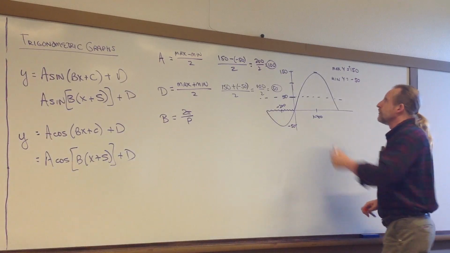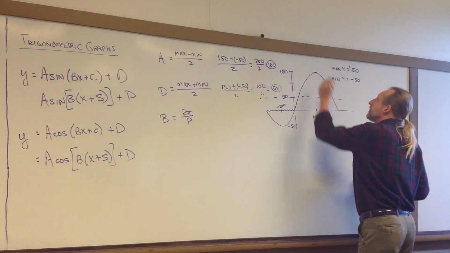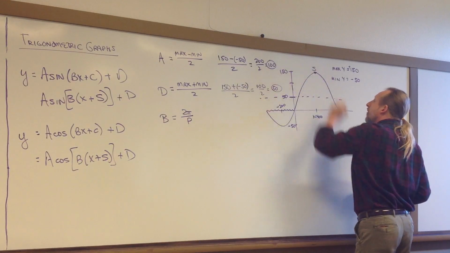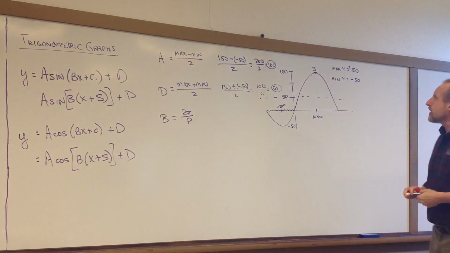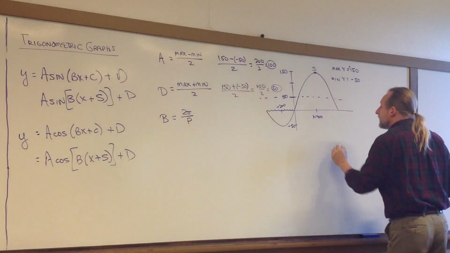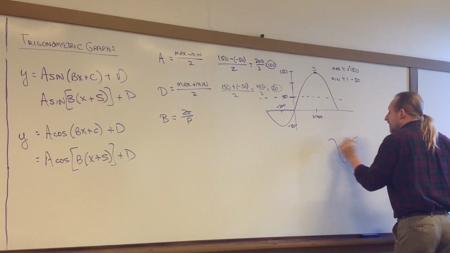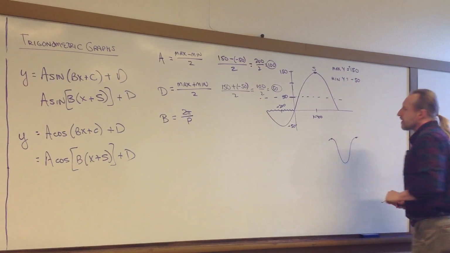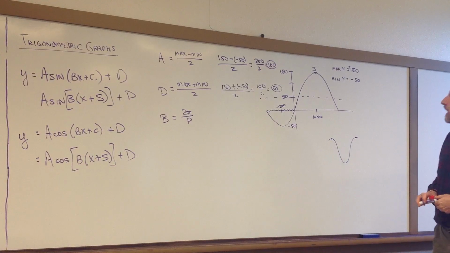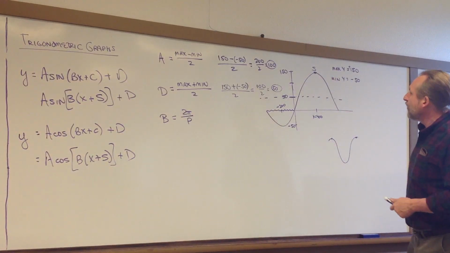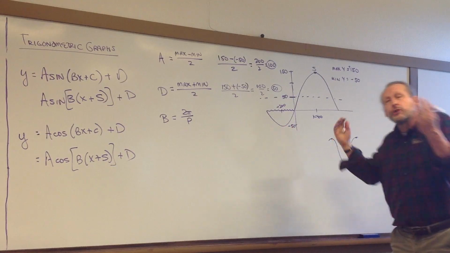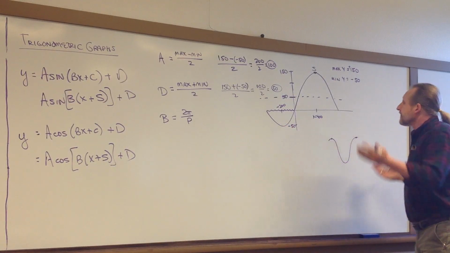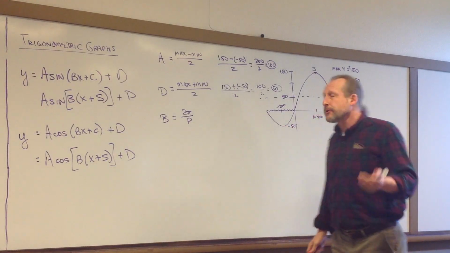So if I were to choose a starting position up here, okay, then this would be a cosine function, because we're starting at the maximum, right? So that would give us a positive cosine function. If we wanted to start down here at the minimum, we could use a negative cosine function. That's entirely your choice. They're both correct.